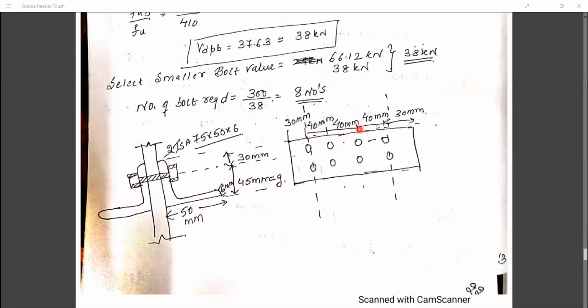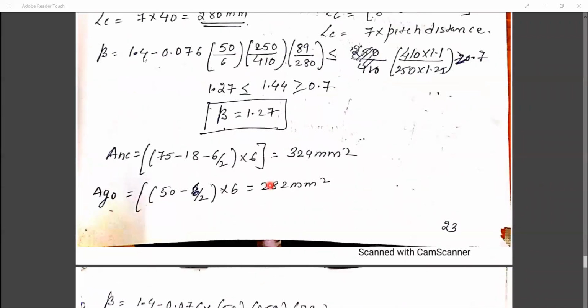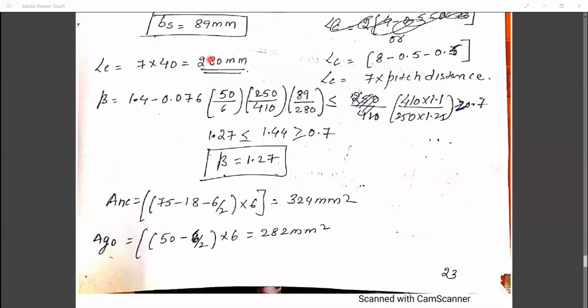Whatever you got pitch distance, 7 into 40 will become 7 into 40 is nothing but 280 mm. Here beta times of 1.4 minus 0.076, 50 by 6, 250 by 410, 89 by 280 should be less than 410 into 1.1, 250 into 1.25 more than 0.7. So your beta value is satisfying this condition.